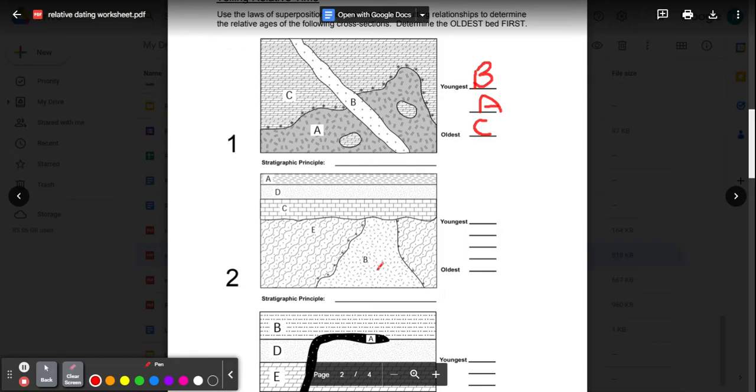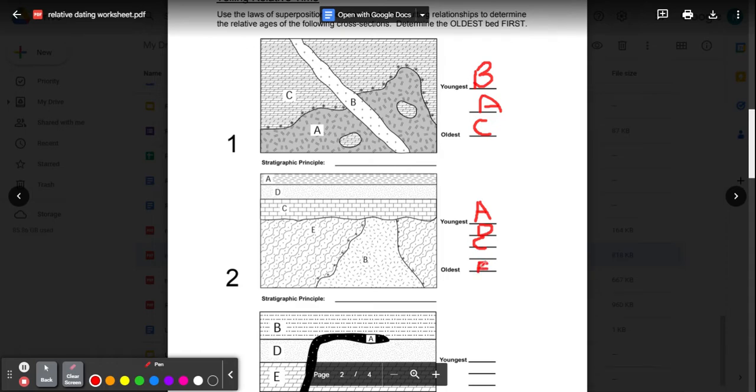Okay, let's look at number 2. Which one is the oldest? Okay, well, we're pretty confident A has to be the youngest, so let's start with A. That means D has to be this one. We're just using process of elimination. That means this one has to be C, right? So then we have to choose between E or B. Well, if I'm looking at this correctly, it looks like B overlaps E, which means that E had to have been there.